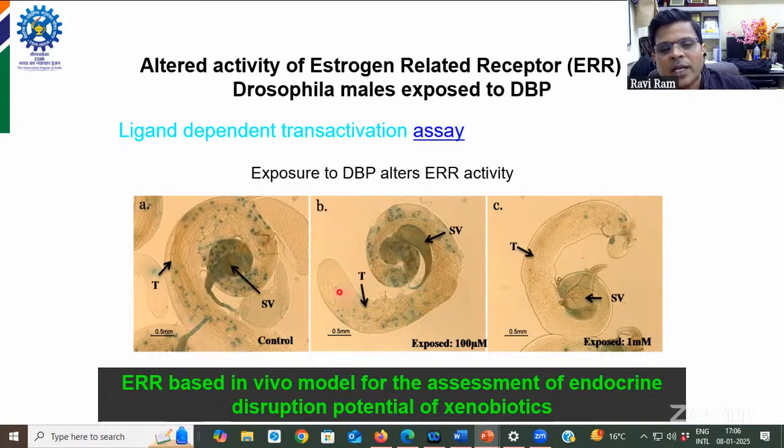Whereas in the chemical exposed ones, the number of spots and also the intensity of the spots goes down, which is pretty obvious when you see it here.